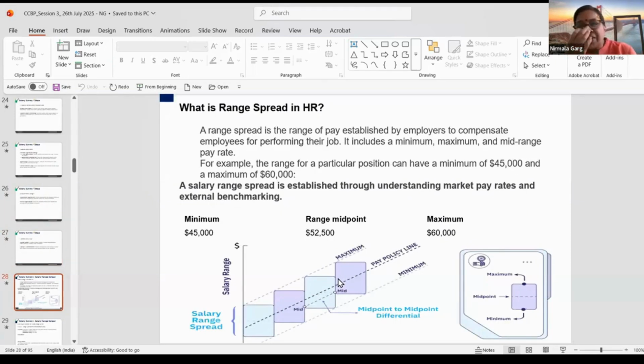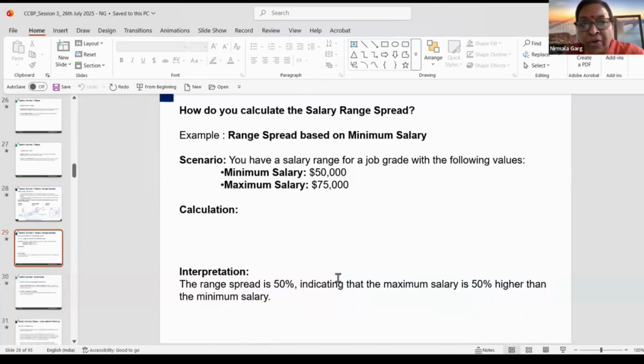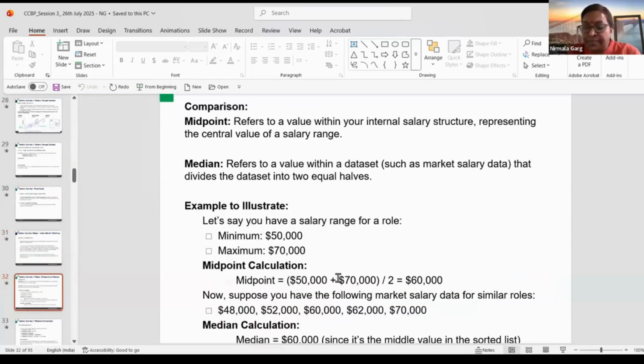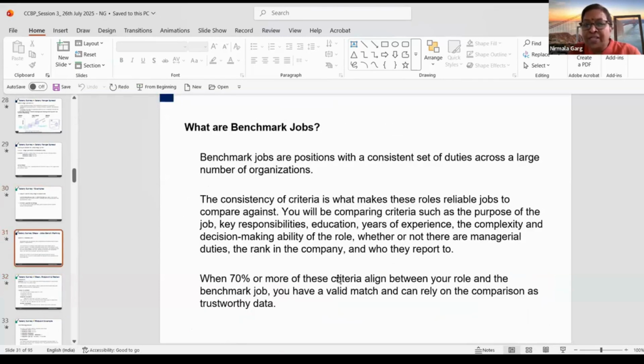when we are looking at compensation data, we also look at what we call benchmark jobs. So what are benchmark jobs? These are jobs that we are matching to, where the responsibilities are matching each other. So typically, when we talk about benchmark jobs, if you recall in our last session, benchmark jobs are those jobs which are consistent.